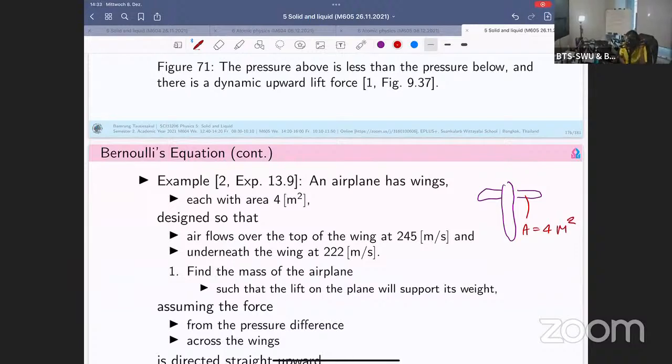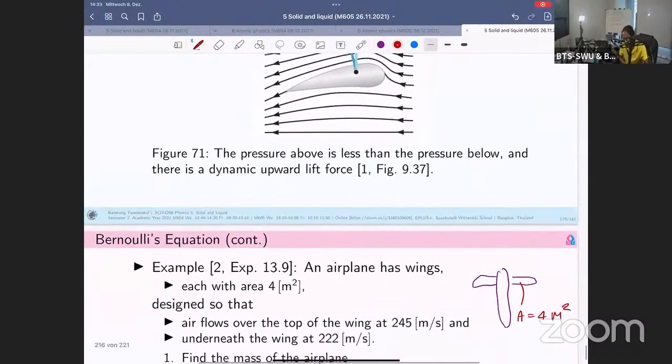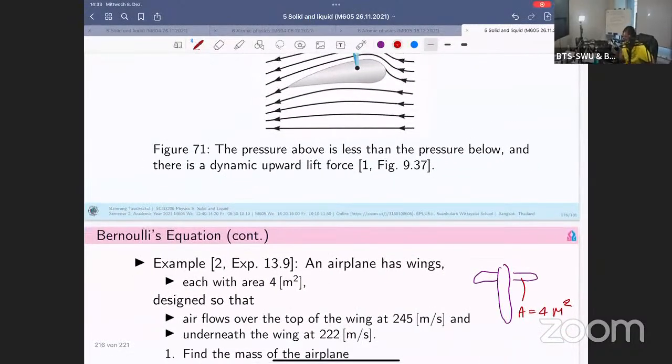Airflow over the top of the wing in this figure is 245 meters per second. The speed of the wind here is 245, and the speed under the wing should be slower, right? The wind here should flow in a slower manner, so it has a speed of only 222 meters per second. It's smaller than 245.